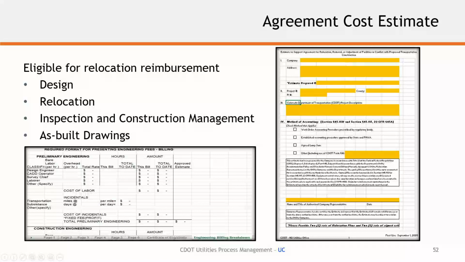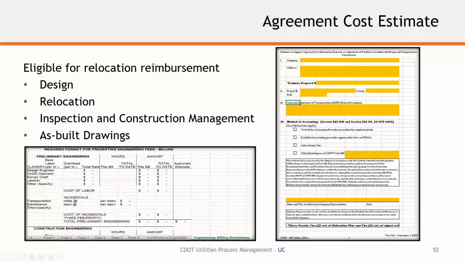And what I like most about this agreement, and you'll notice if you take time to look through it, there's a lot of Code of Federal Regulations references within this estimate that will help guide you through why things are being requested at certain sections of this estimate.